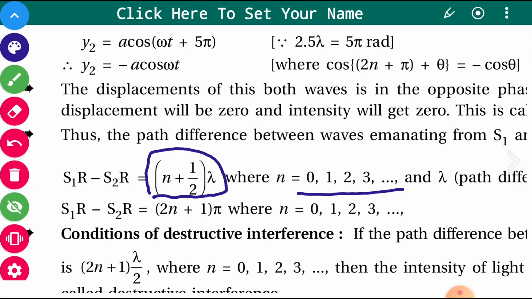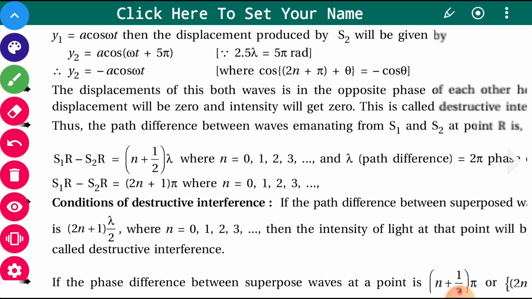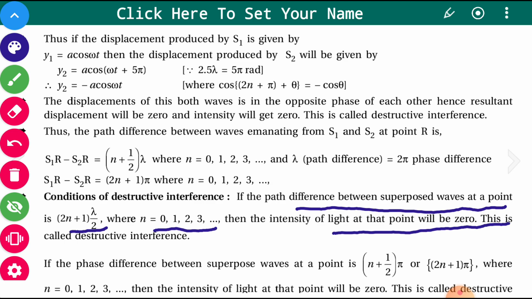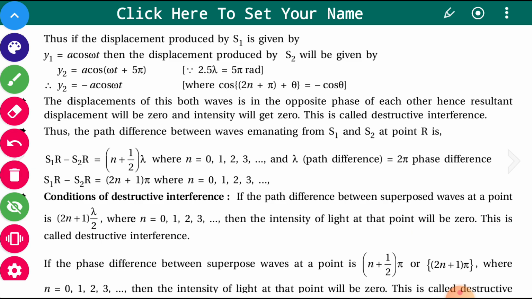In terms of phase difference, if the phase difference is (2n plus 1) pi, then there will be destructive interference. We can say the condition for destructive interference is that if the path difference between the superposed waves at a point is (2n plus 1) lambda by 2, where n is 0, 1, 2, 3, then the intensity of light at that point will be 0, and this is called destructive interference.